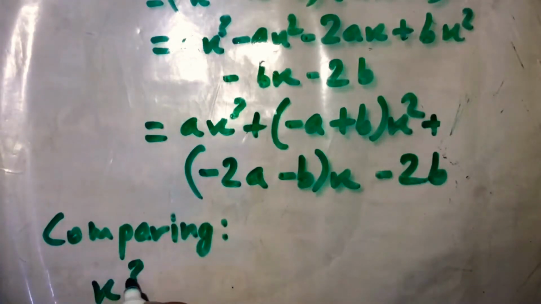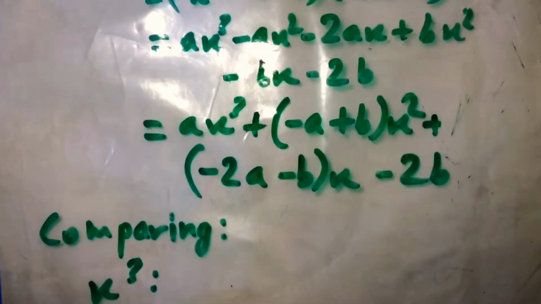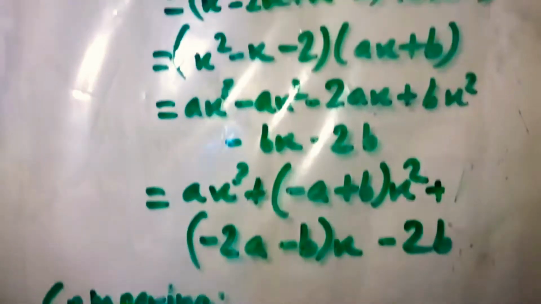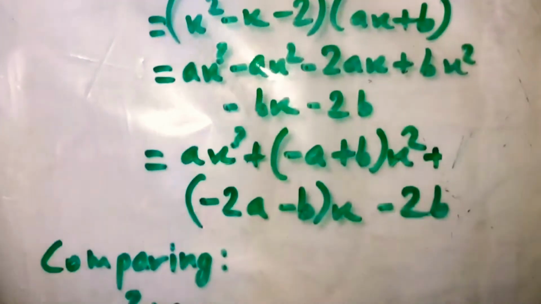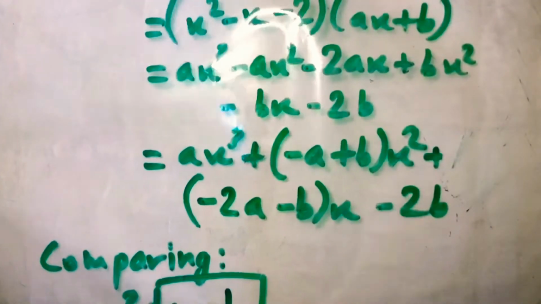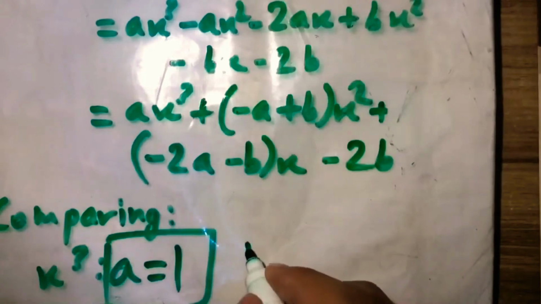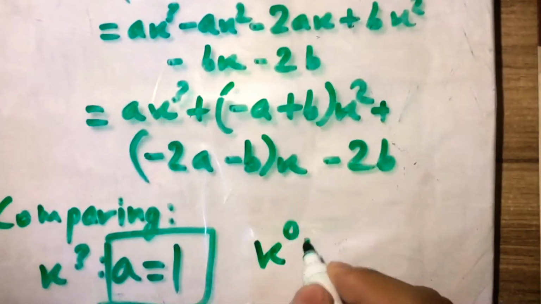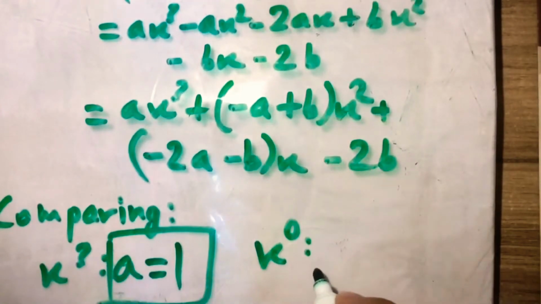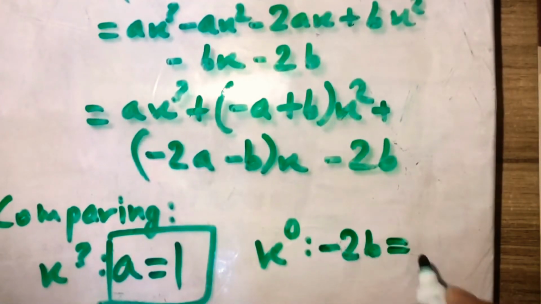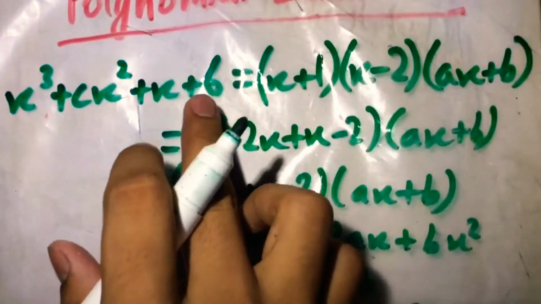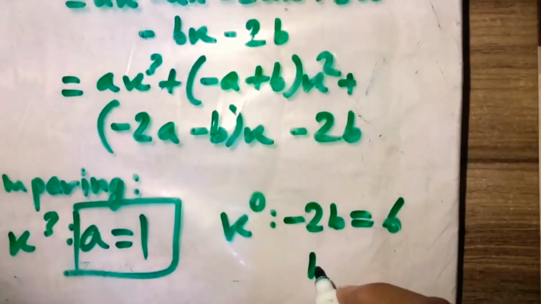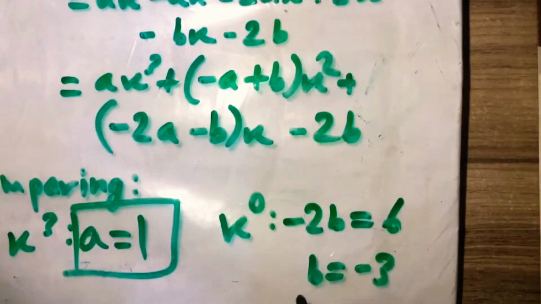First x cube, over here x cube's coefficient is a, so a equals, over here it's 1, so a equals 1. Now taking x to the power 0, over here the coefficient is minus 2b, and in the first equation it is 6. So minus 2b equals 6. Therefore b equals minus 3.